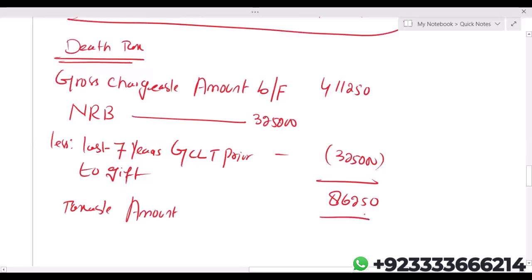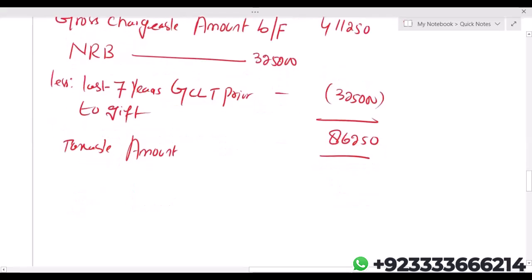Now, IHT on death tax is 40%. IHT at 40%, I'm getting 34,000.